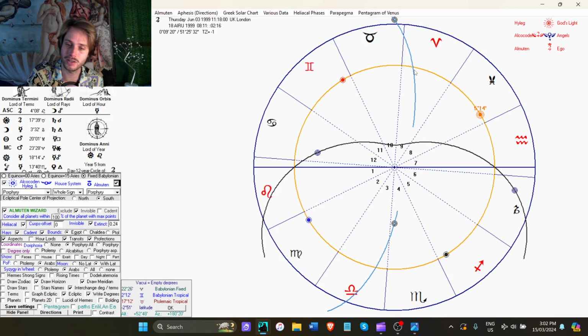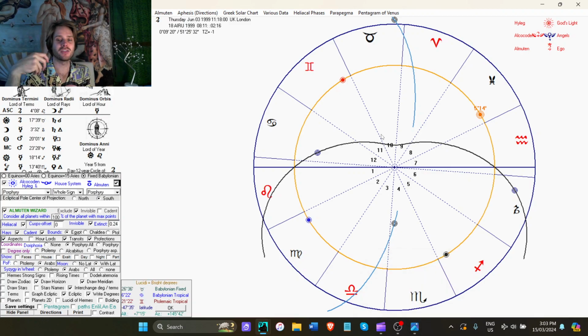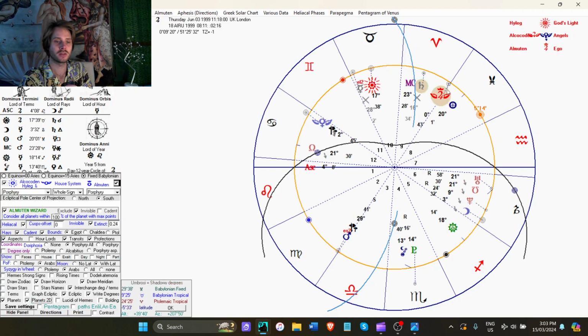So for me, you can see there's the MC in the 9th house, which means that the 9th house takes on a lot of the qualities of the 10th house, and everything in the 9th house is made very, very powerful. Similarly with the 3rd house for me. And if that's in the 11th, then same for the 11th. And the themes of that house become very strong. So that's why my career is to be an astrologer, because I have the MC in the 9th house with Jupiter and Saturn there, which is a big marker of an astrologer.